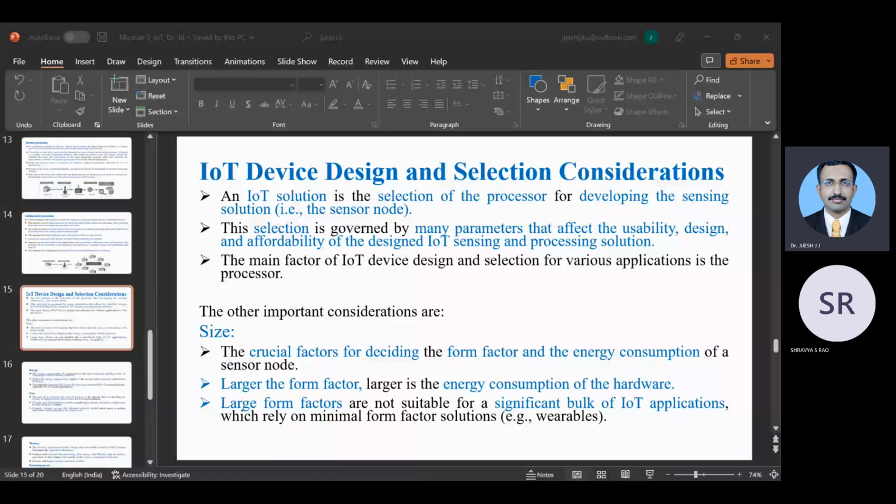All those things you have to make sure. So in this topic we are going to study how the IoT device design has to be taken care of, and how the selection of the processor is to be done. What are the main things you have to consider?